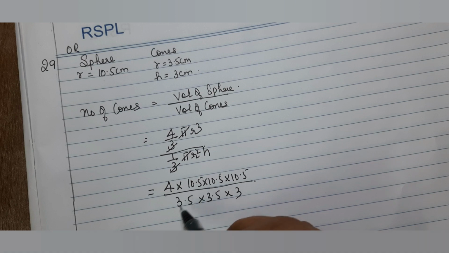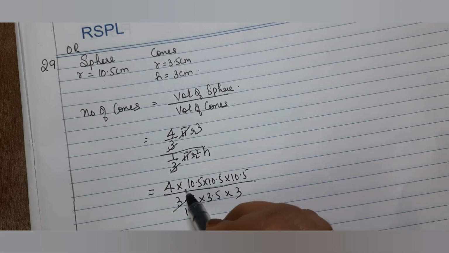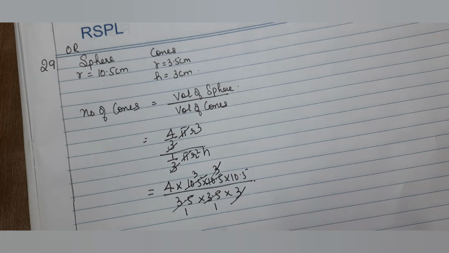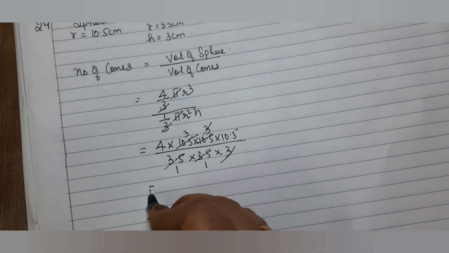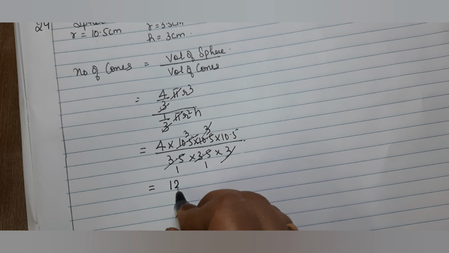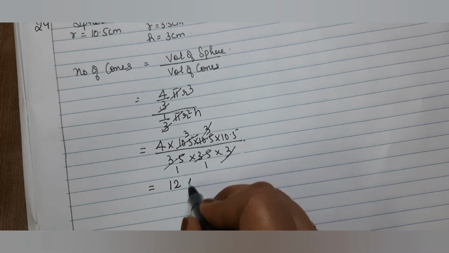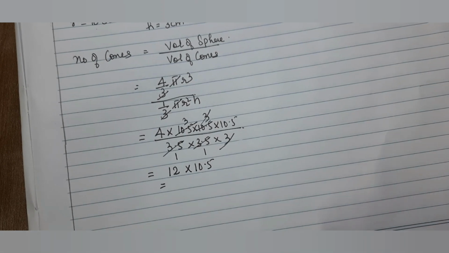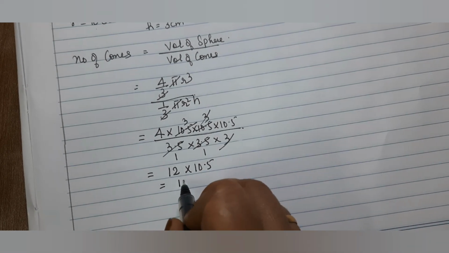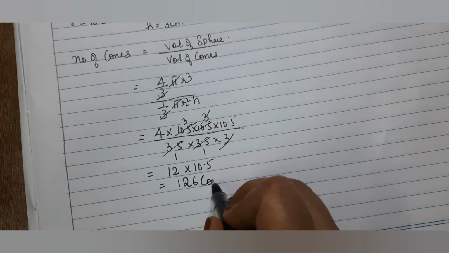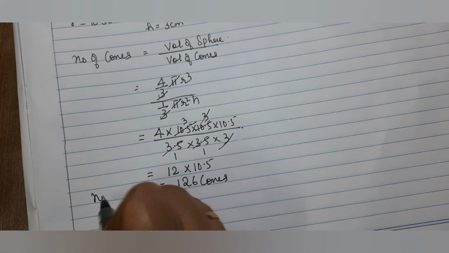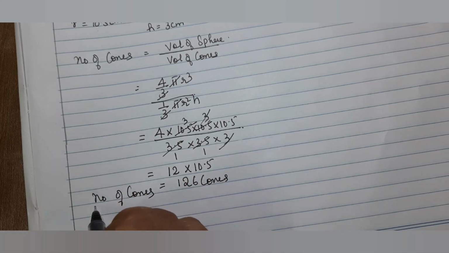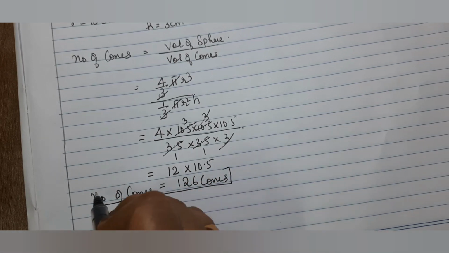So cancel, this will go 3.5 one time, 3 time, 1 time, 3 time, 3 and 3 cancel. So we get here 12, 4 into 3, 12 into 10.5. So we get final answer 12 into 10.5, 126 cones. So the number of cones which are formed after melting and recasting are 126.